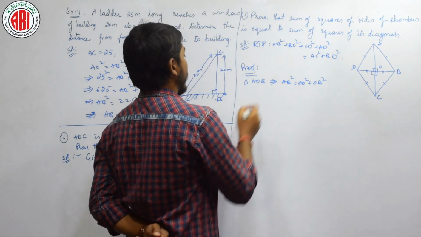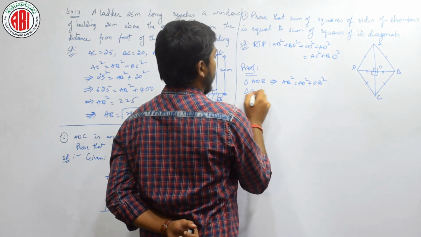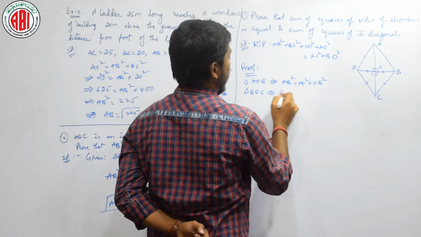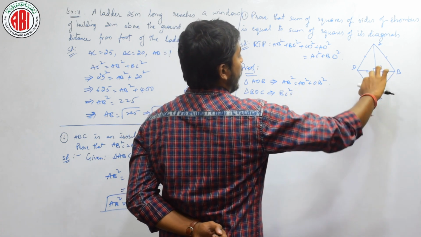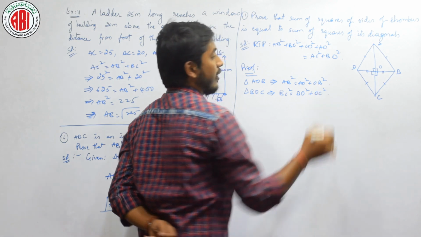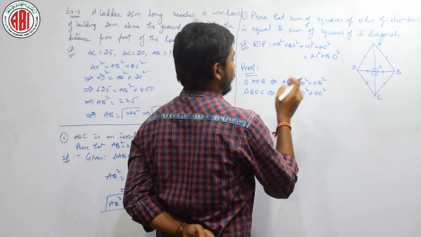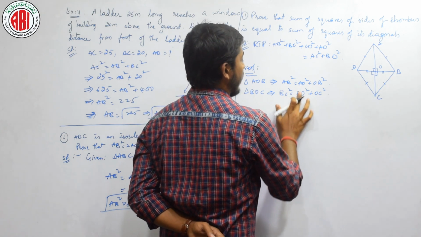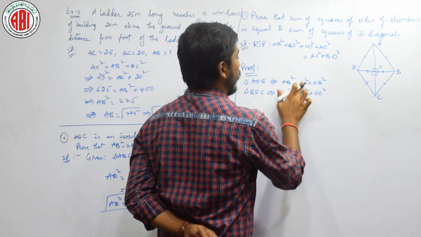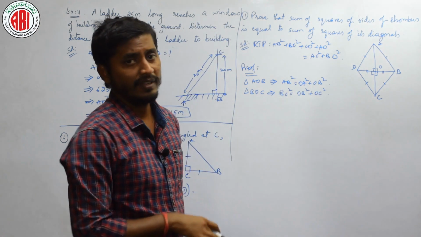Right? And the next triangle BOC, I get this BC square is equal to BO square plus OC square, isn't it? Yes or no? Let us write everything in the same format. Let us write this also as OB and this as OA, so that we will have the fixed rule.